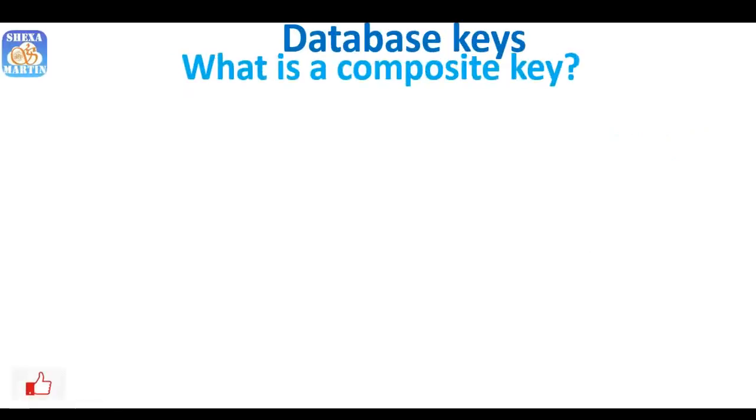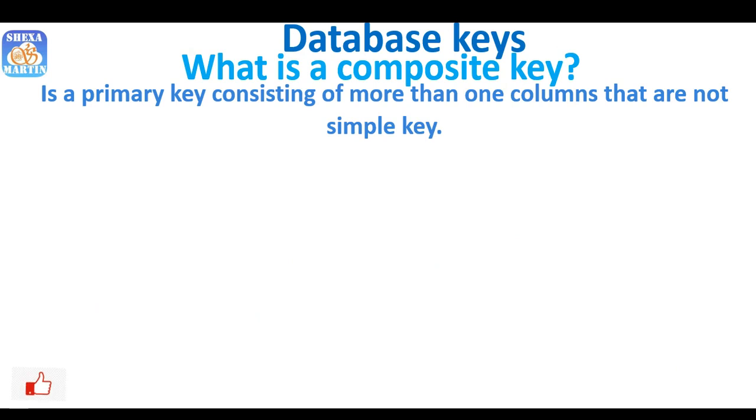So let's now talk about composite key. So a composite key consists of more than one field to uniquely identify a record. But the keys, the columns that are used to define the primary key, they are not simple keys, or they cannot by themselves uniquely identify a record or a tuple.